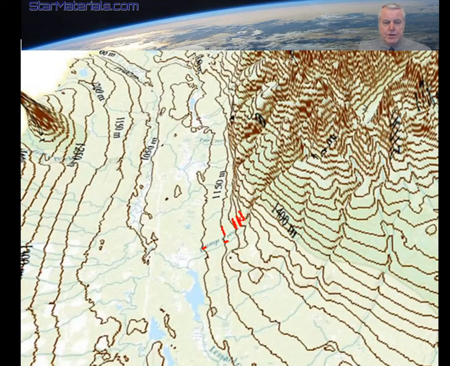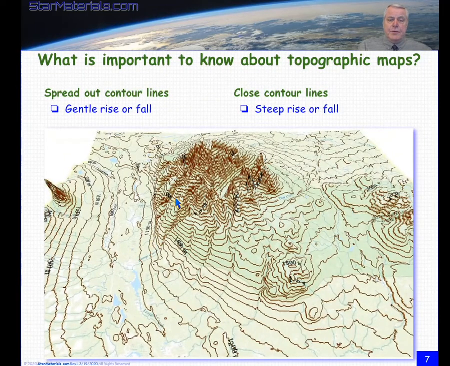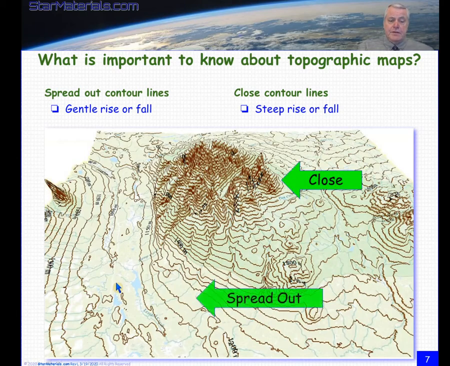I don't go that far to go up 50 more meters. So you can tell how mountainous something is by how many contour intervals you have. And you can tell how flat something is by how many you don't have. These are close and these are spread out.